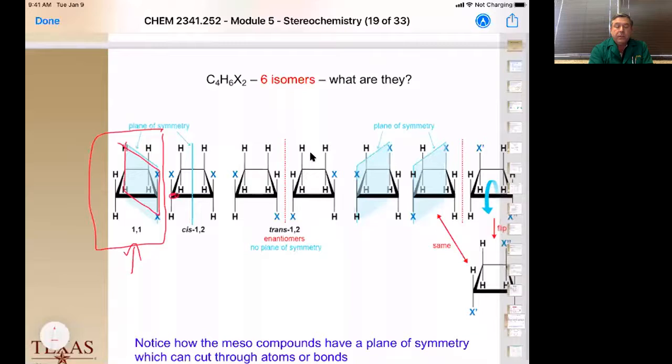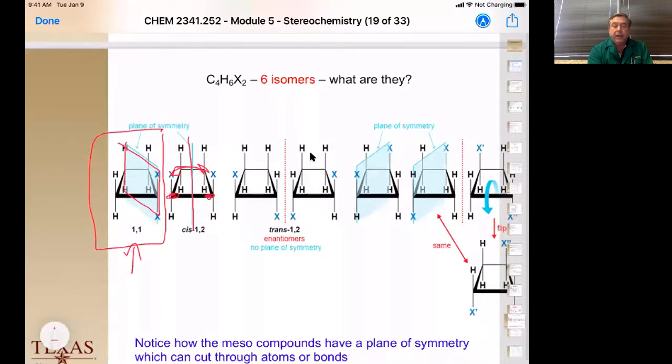Now, right here, once we do this, now we do have 4 different things bonded to those things, but we have that plane of symmetry. The plane of symmetry, this side looks exactly like that side. So again, it's a good isomer, but it is not chiral.